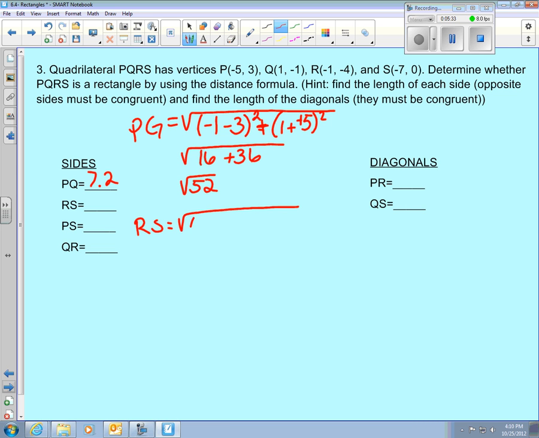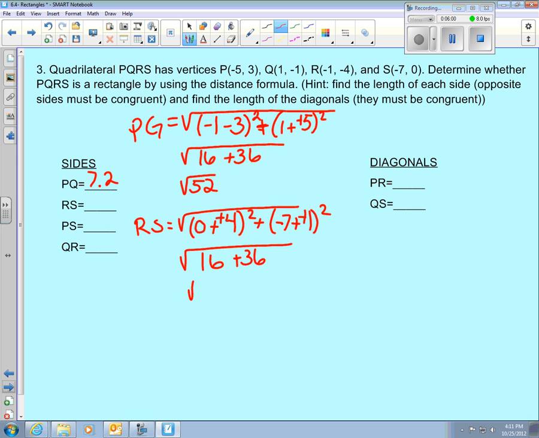So we're going to do 0 minus -4, square that, plus -7 minus -1, square that. Got some minus negatives, I can change to plus positives. So 0 plus 4 gives me 4. 4 squared gives me 16. -7 plus 1 gives me -6. -6 squared gives me 36.